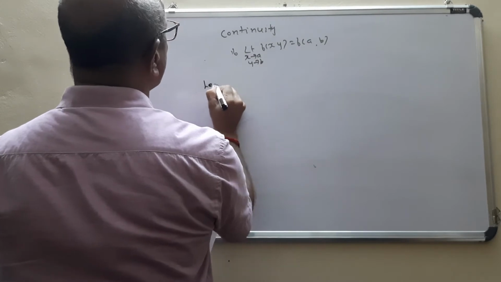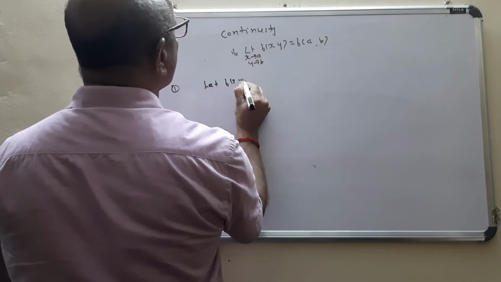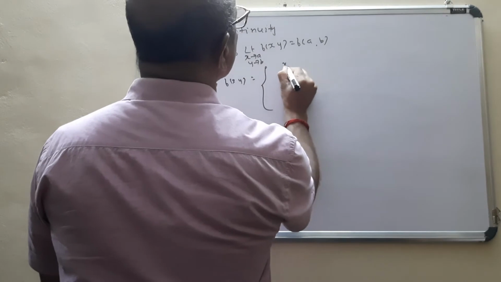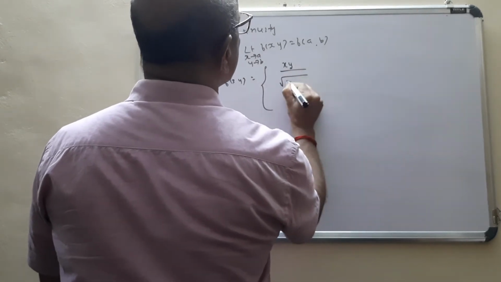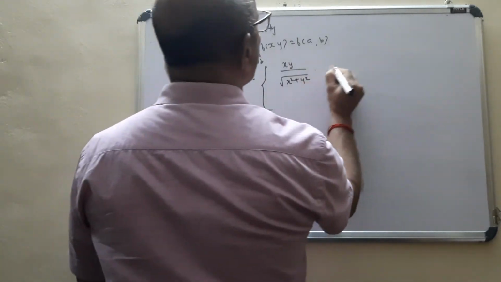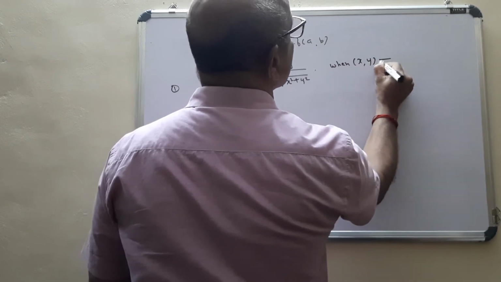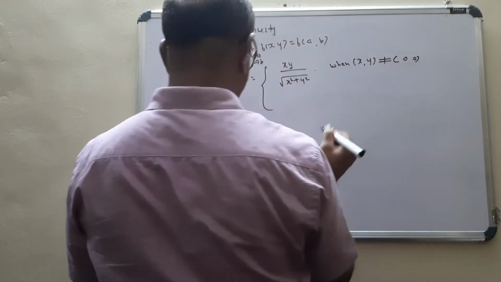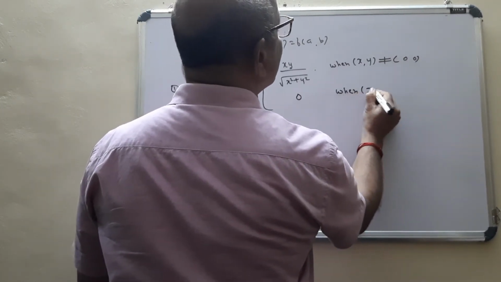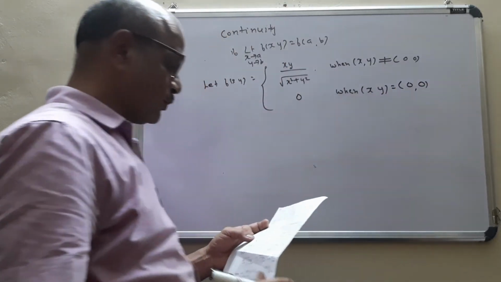The first problem: let the function f of xy be defined like this. It is xy divided by the square root of x square plus y square when (x, y) is not equal to (0, 0), and 0 when (x, y) is equal to (0, 0).